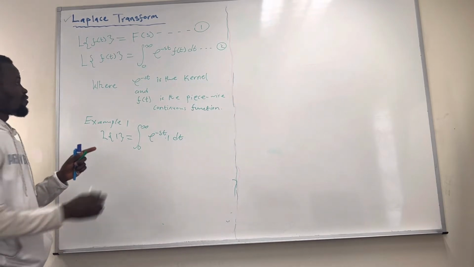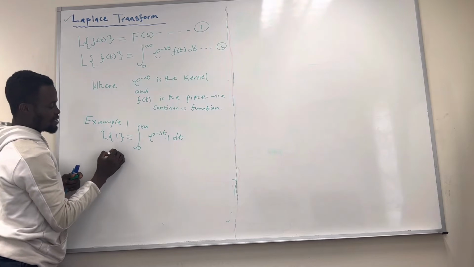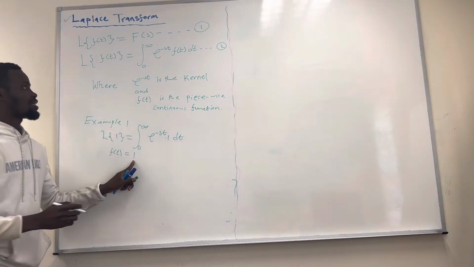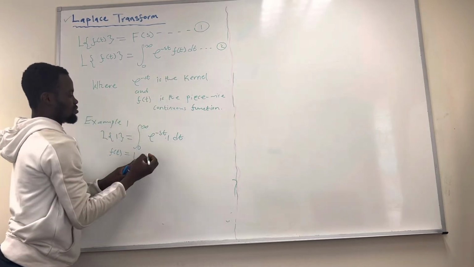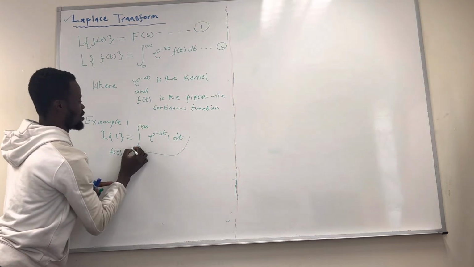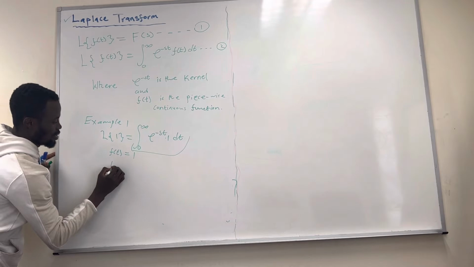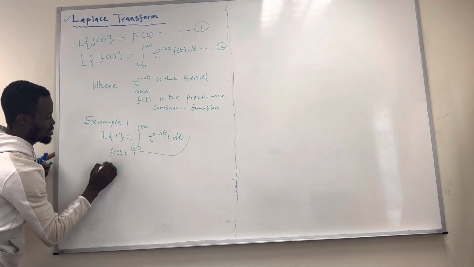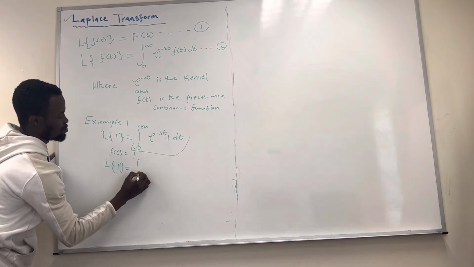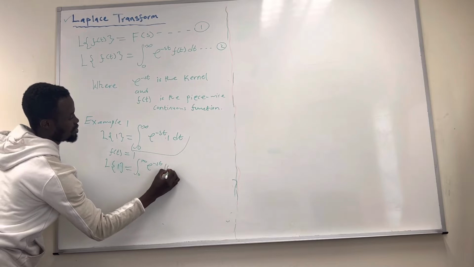So here from equation 2, our f of t is equal to 1. Then we just substitute into equation 2. So that's what we get over here. So the Laplace transform of 1 is equal to the integral from 0 to infinity of e to the negative st dt.